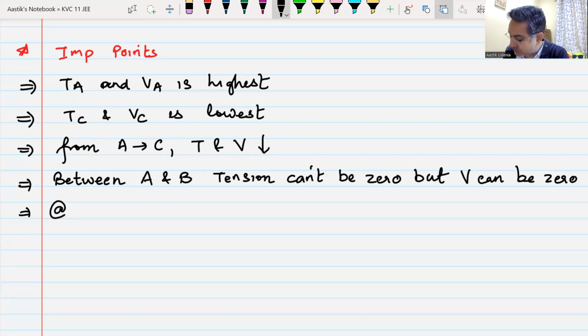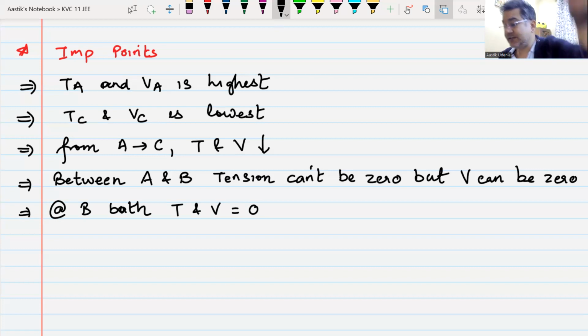At point B, both tension and velocity can become zero. B is the lowest point where both tension and velocity can become zero. Are we able to understand this? Yes or no?